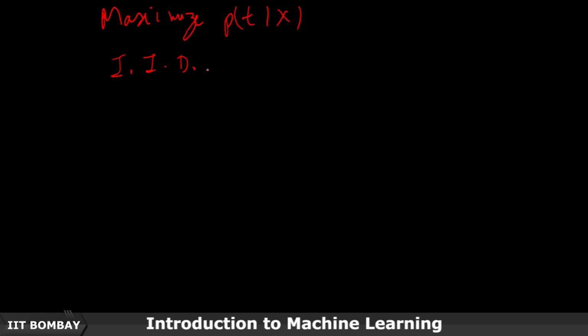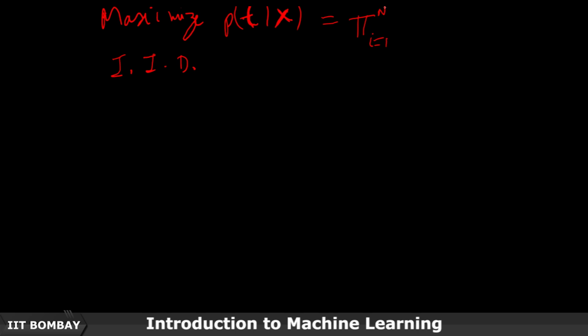So here, this is the t vector and this is the x matrix. Because every t is independent of the other t's, this expression will be equal to the product of all the probabilities for i equal to 1 to capital N. Why? Because for each t the distribution is independent of the other t's.